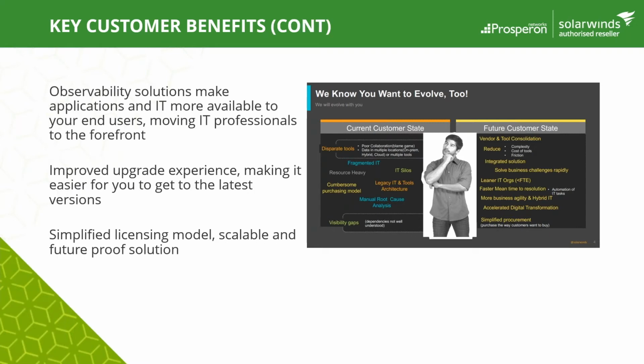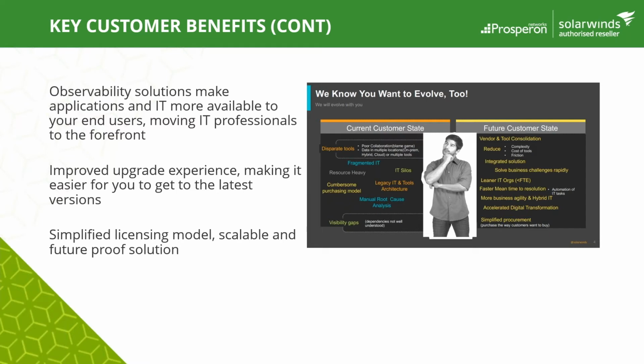As a continuation of customer benefits, the next one is all about providing you with the ability to make your IT and applications more available to your end users, with more IT professionals being put at the forefront. So what does this mean for the business?